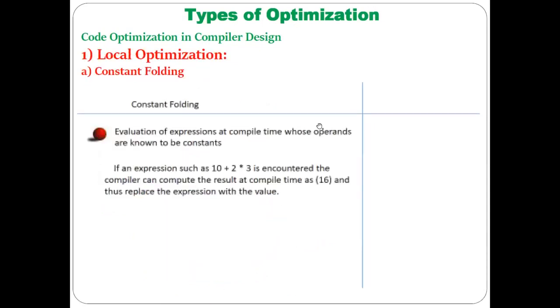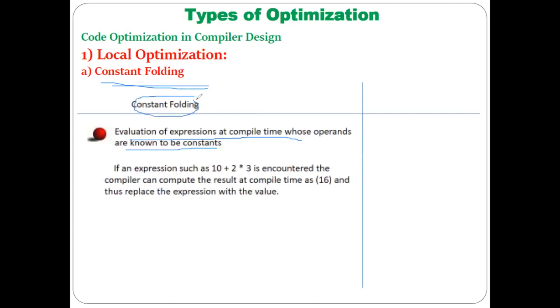Okay, so here we have constant folding. Last time we already discussed what constant folding is: evaluation of an expression at compile time whose operands are constants. Instead of evaluating the expression during runtime, if it is possible, the evaluation can be done at compile time only. That is called constant folding.